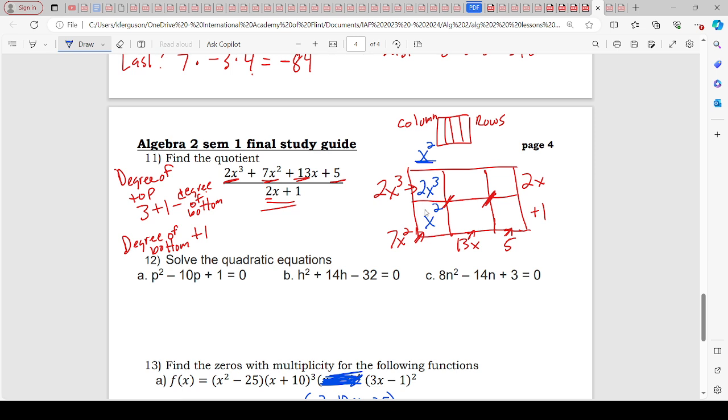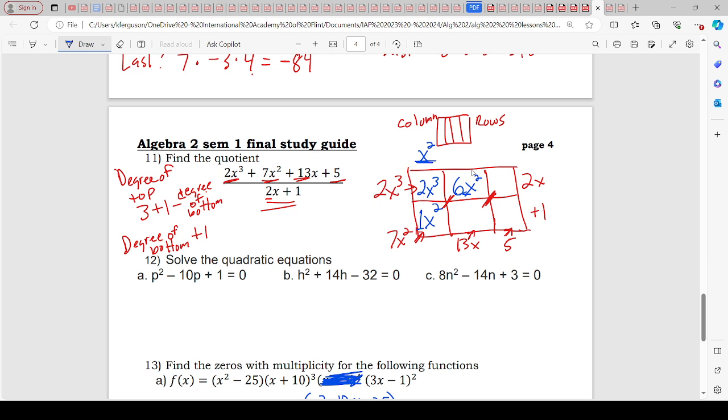Now, because I know that x to the second power is in this box, I can figure out what goes in here, because this x to the second power plus this gives me 7x to the second power. So x squared plus what gives me 7x to the second power? Make it easier on you: if I say this is 1x squared, 6x squared.